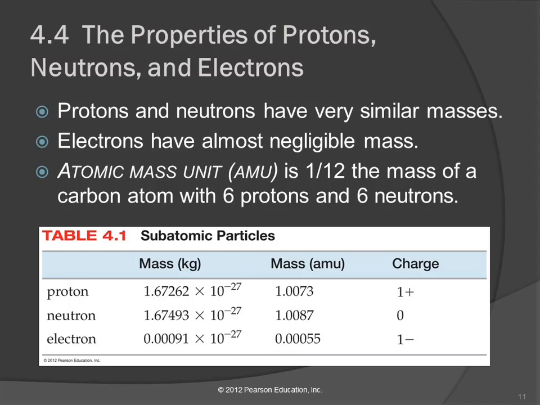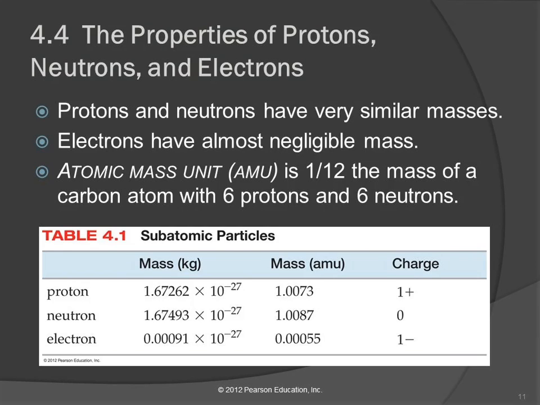Those are awfully close, aren't they? For our purposes, we can consider them to be the same. We'll just call them one atomic mass unit. The electron is a lot smaller, 0.00055 atomic mass units. Then the charges, positive, 0, and minus 1.